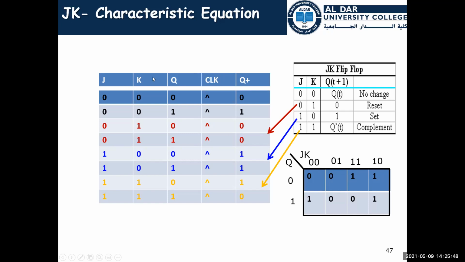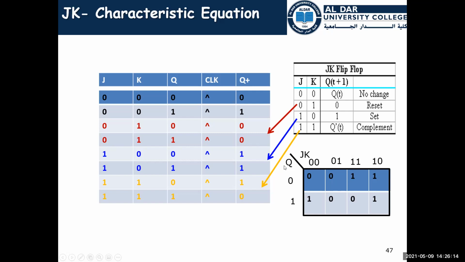We have J and K and Q, which is the current state, and we derive the ones for the next state. I want to know the next state, given the input and the current state. So this is the function. I take the one here and put it in the corresponding location in the table, one here, put it here, one here, put it here.